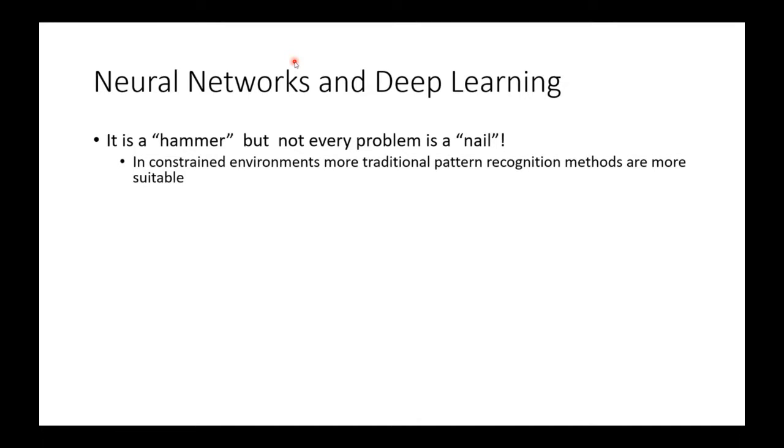But if you have a large problem with unknown variables, and especially if your data is too complex, if your data is unconstrained, the lighting varies, and basically you didn't control the values of the variables of your input data, then a deep neural network is your best bet.